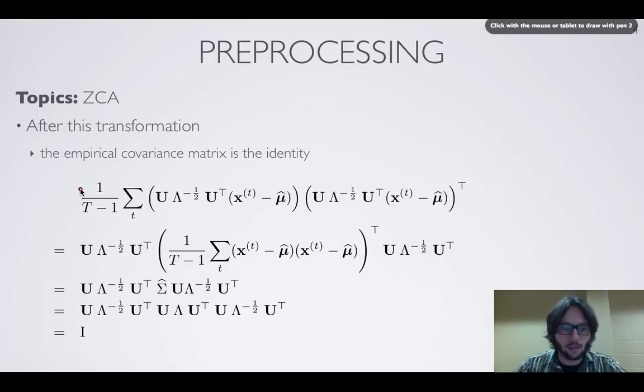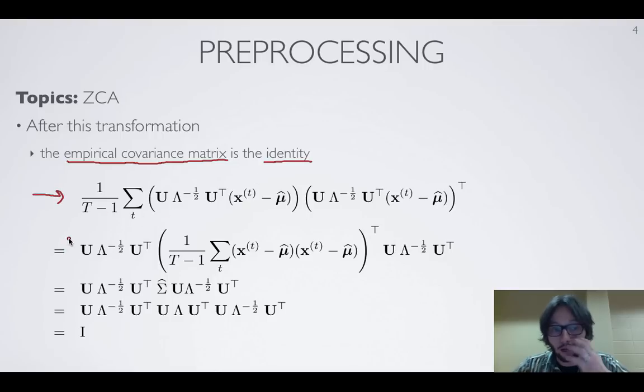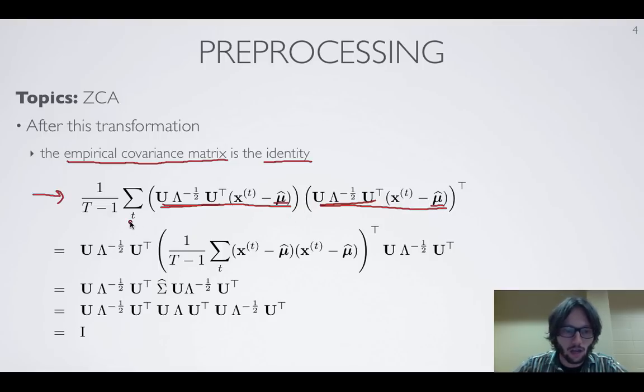Now let's show that the empirical covariance matrix is also now the identity once we've done this preprocessing. Here's the expression for the empirical covariance matrix for our transformed data. It's the outer product of the transformed data with itself. Normally you'd expect minus the empirical mean, but we've shown that it's 0, so we just have the outer products of the transformed vectors. Similarly, because this matrix and U hat here do not depend on t, I can take the sum and introduce it further into the expression.